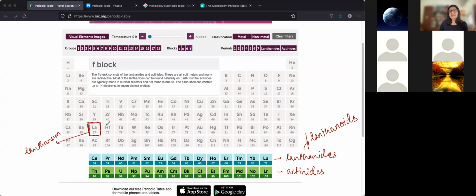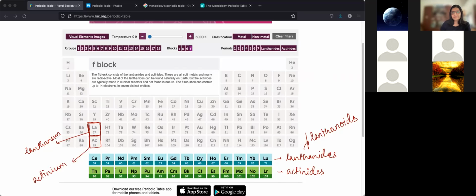It is so similar that it's very difficult to separate them out or differentiate between them in the way they react, melting point, boiling point. A lot of their properties are very similar. Lanthanum is not radioactive, no, but uranium is. These are called actinides because they follow actinium.